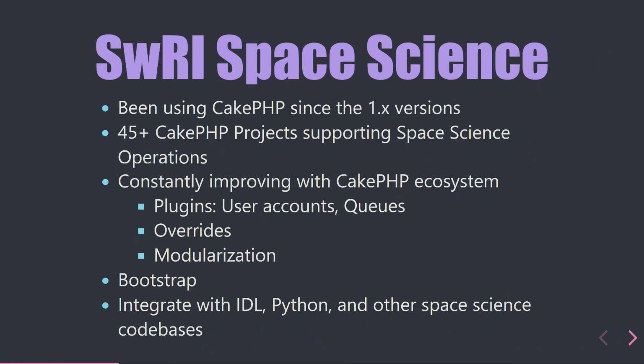We also use Dinero MarQ and CakePHP Queue, which I'll cover later. We also override some of the things in Cake, so I'm expecting to find out if those are bad. And we modularize these things because we don't want to duplicate things across so many applications.